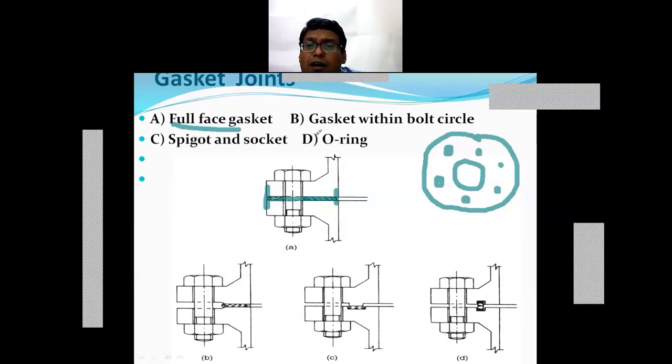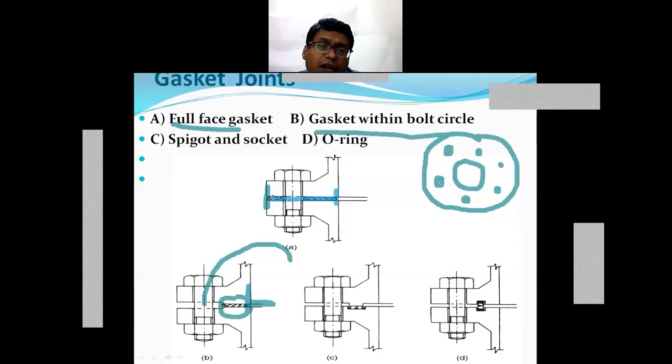Then there is a gasket within the bolt circle. This is for the bolt circle diameter that will be there, and before that the gasket is available. So flange faces will be in contact in this much area only, not the complete area.